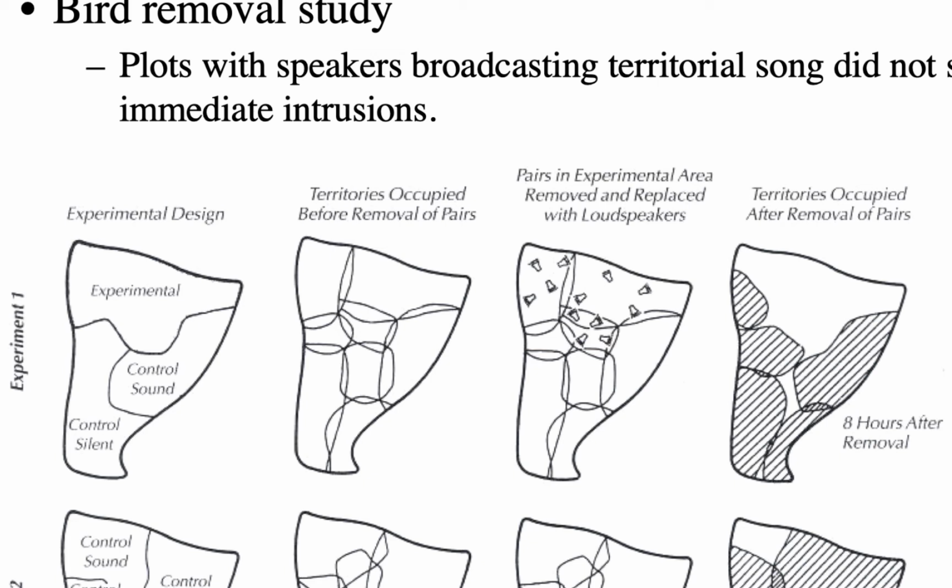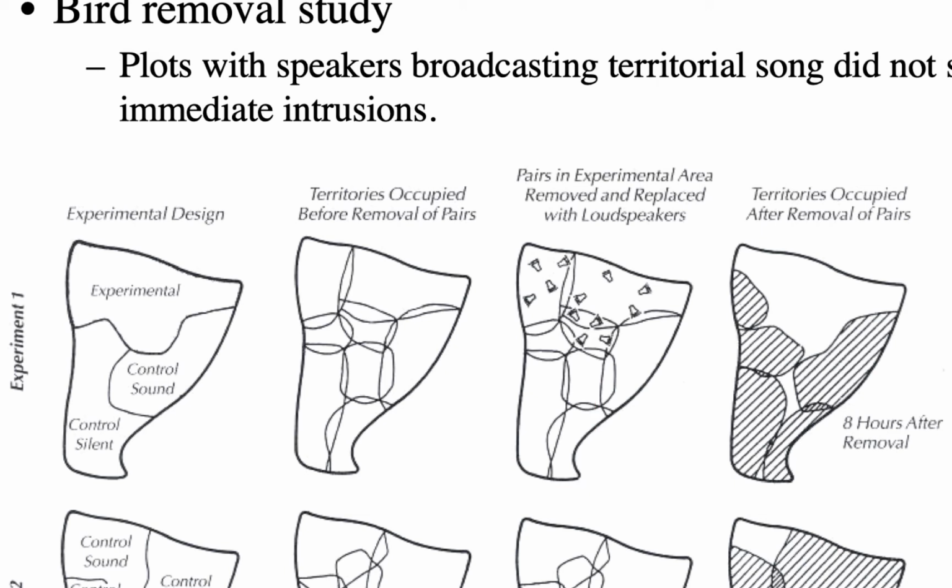So what are the two control groups? The control sound group was speakers were also placed in these territories, and they were playing just some other sound that was the same kind of amplitude, just to make sure it wasn't some artificiality introduced by using speakers in this situation. And then the other group was a controlled silent group, so there was no vocalization, no speakers, anything in this situation.